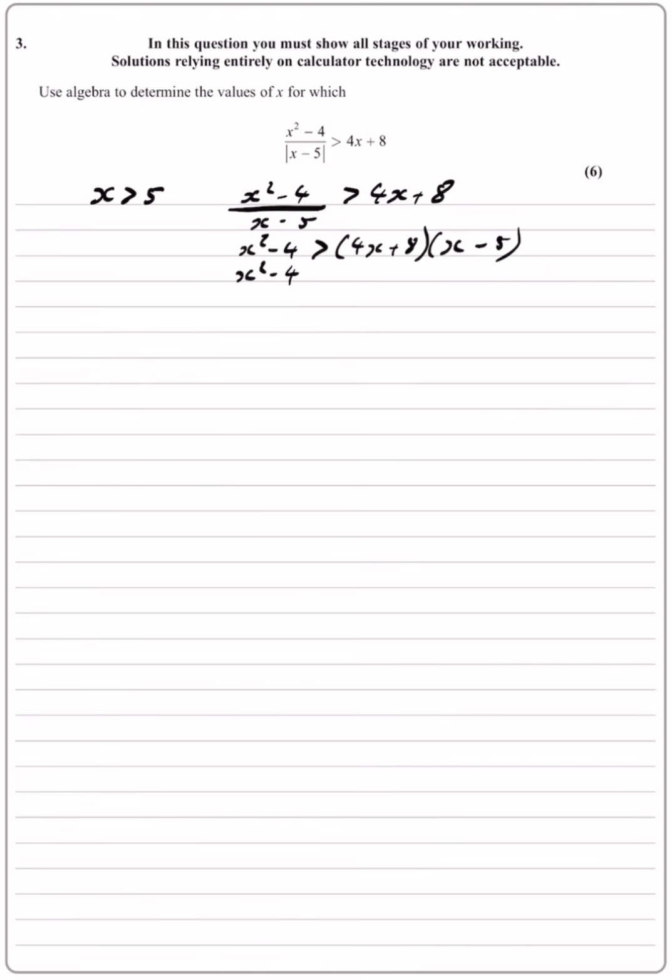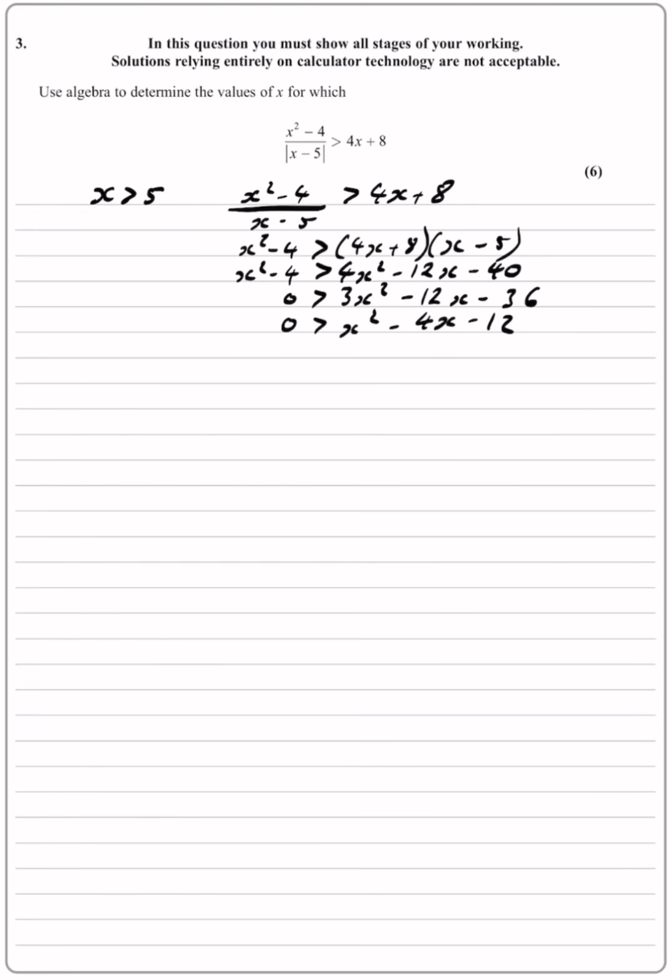And expanding the right hand side out, we're just left with a quadratic inequality we can go on to solve here. I've brought it all onto the right hand side. Common factor of 3.